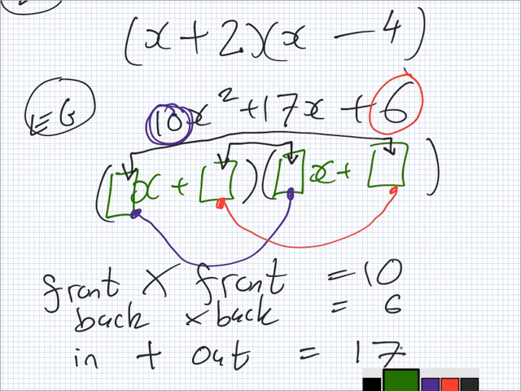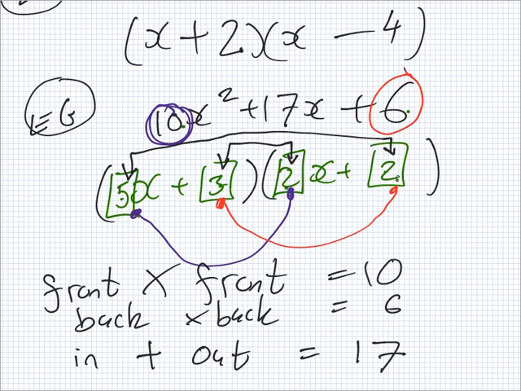For example, you might be thinking, okay, 10 could be 5 and 2, and what could 6 be? Well, maybe it's 3 and 2. Okay, let's test that. 5 times 2 is 10, 3 times 2 is 6, 10 plus 6 is 16.